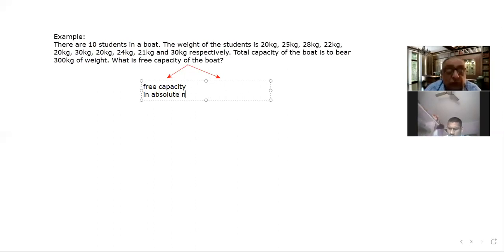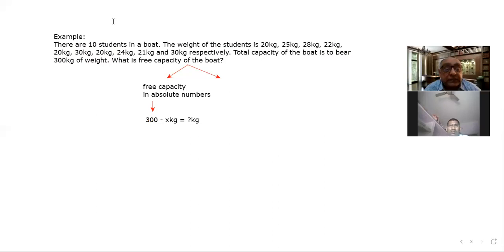Absolute number means we need to tell that 300 kg is the total capacity of the weight of the boat, and out of this 300 kg, this much kg has been utilized, and the remaining is this much kg of capacity. So this much weight the boat can still bear. So that is the point.